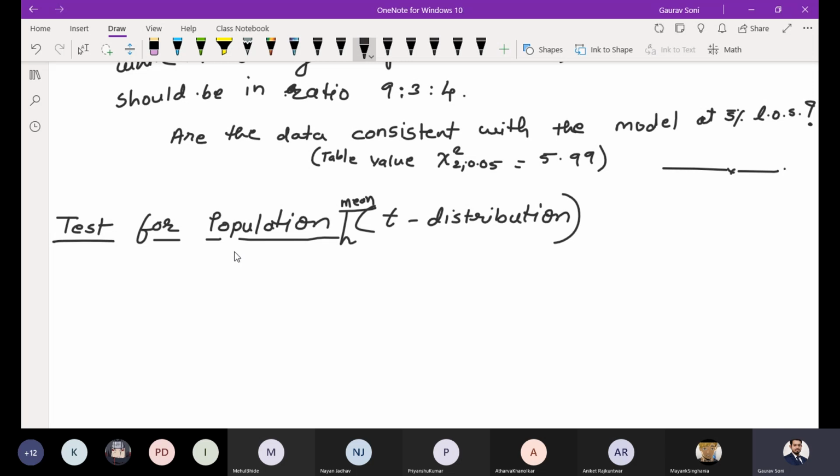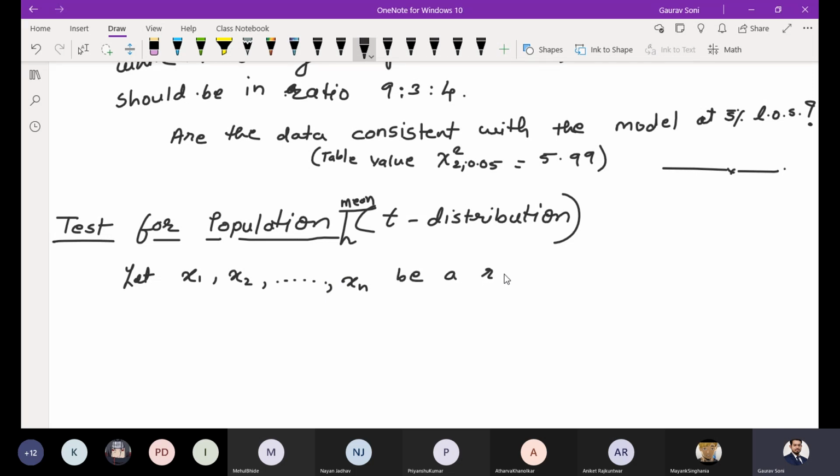The null hypothesis is that the mean of the given data is something, and we need to check whether the mean is as expected or not.